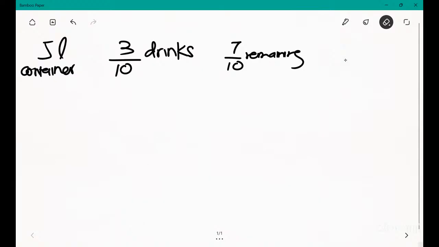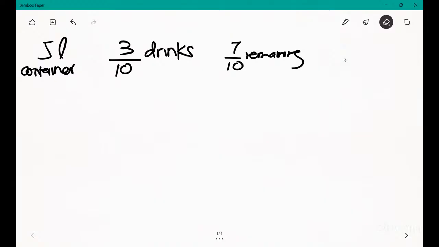The second question they're asking us is, 5/7 of the soft drink remaining in the container was poured into a bottle. Remaining in the container, that's very important. They're saying 5/7 of the remaining. What fraction of the capacity of the container was the amount of soft drink left in the container after that?